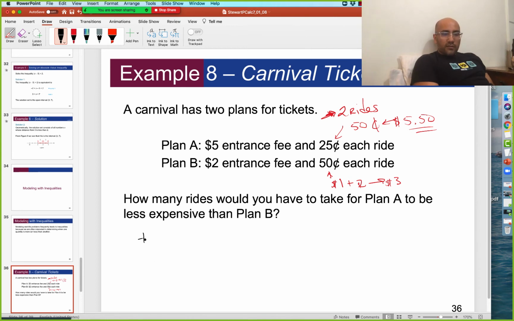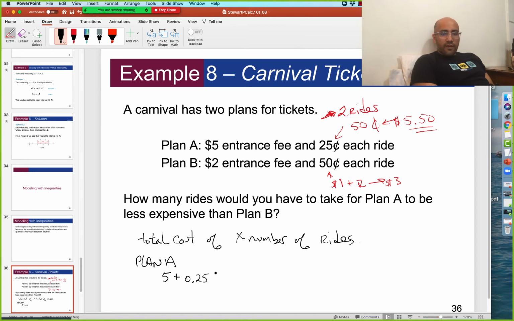So total cost of x number of rides should be, well, under Plan A, my total cost, there was a $5 entrance fee plus 0.25 times x.